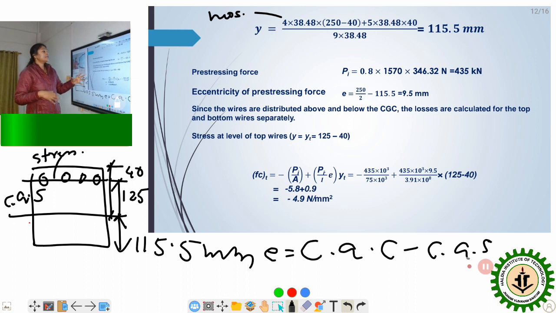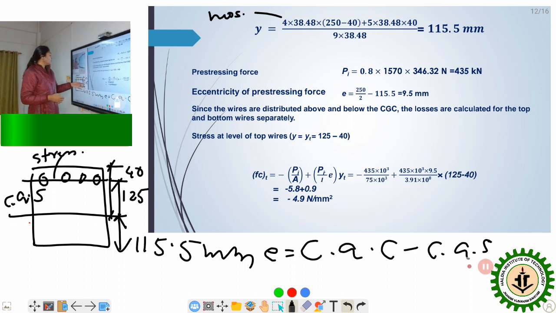Let's take the compressive stress generated in the concrete as negative, and tension as positive. So for the top layer, a tension will be acting at an eccentricity e and at a distance of yt from the top, right?